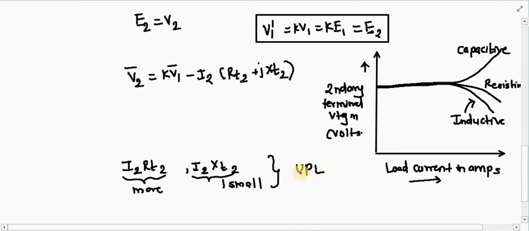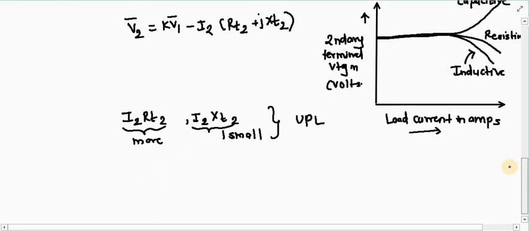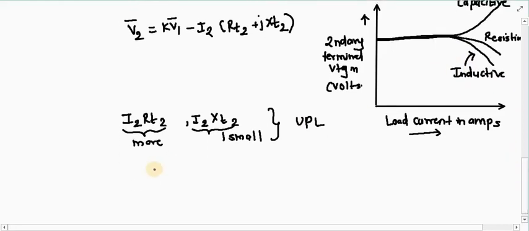On the other hand, under lagging power factor condition, means when your load is inductive, the fall in the secondary terminal voltage V2 is mainly due to the reactance drop, means I2 XT2. It is more.